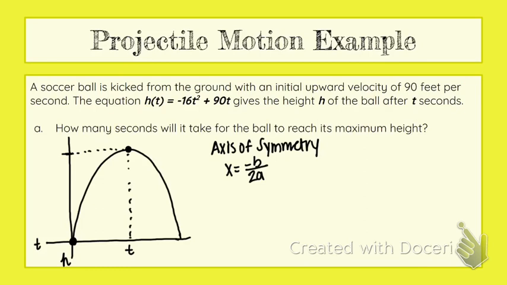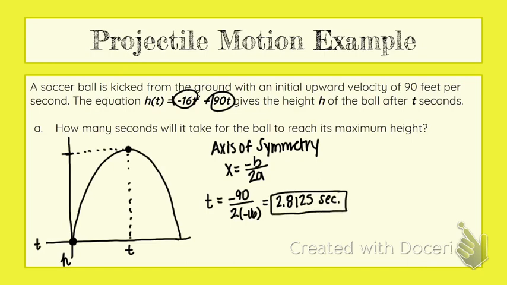So in this case, we have t equals, b is 90, so we have negative 90 over 2 times a, which is negative 16. And whenever we reduce this, we are going to get t to equal 2.8125 seconds. And that is your answer for how long it takes the ball to get to its maximum height.